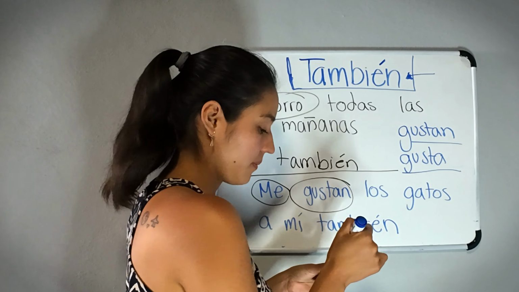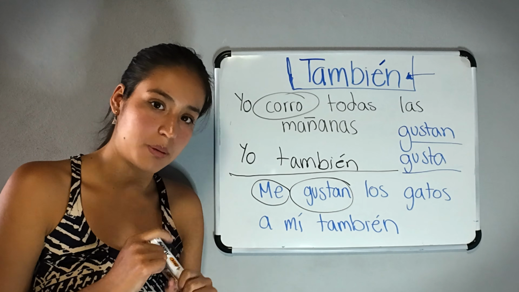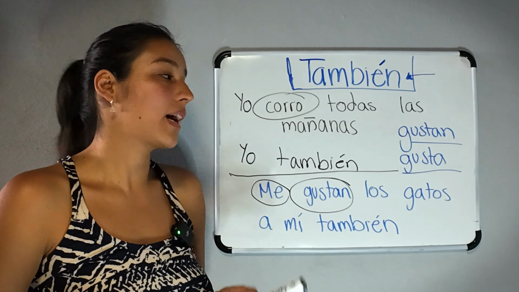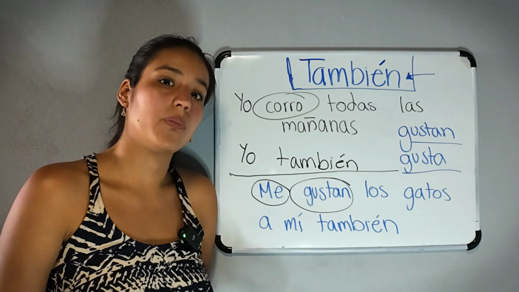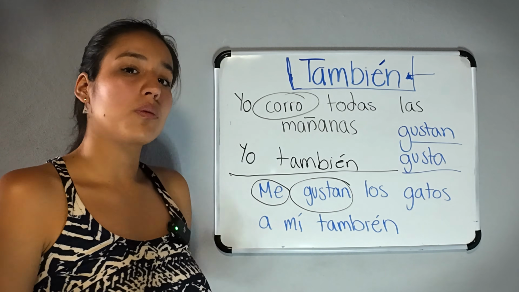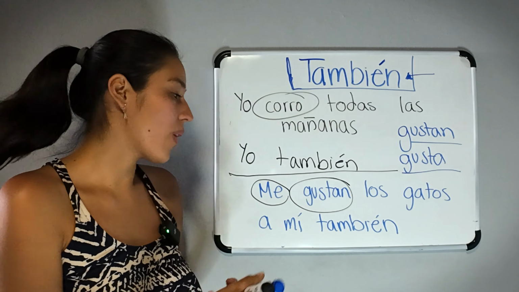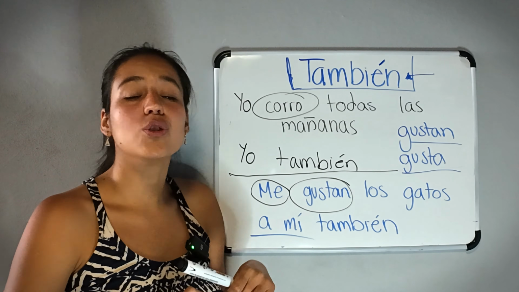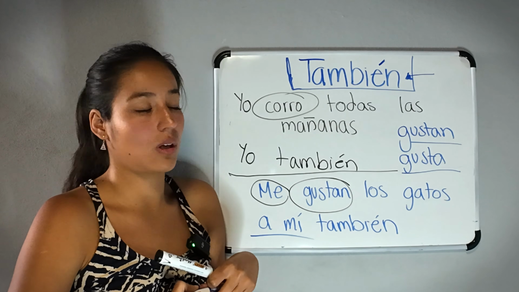Gusta, gustan. This verb, and it's not the only one. We have other verbs that follow the same rule, okay? Those verbs, when you use them, you answer with "a mí también" and not "yo también", okay?